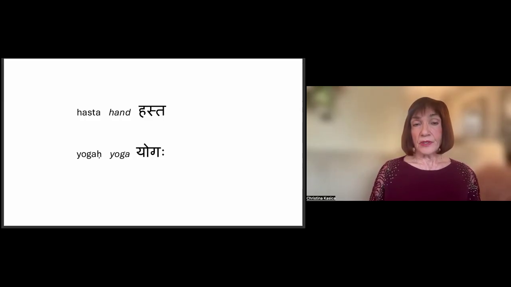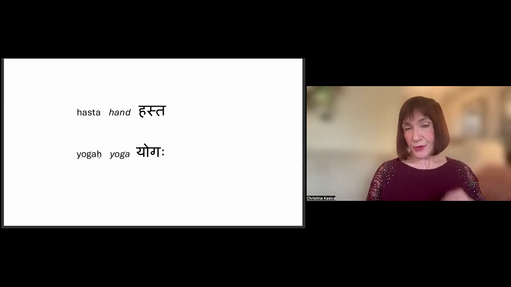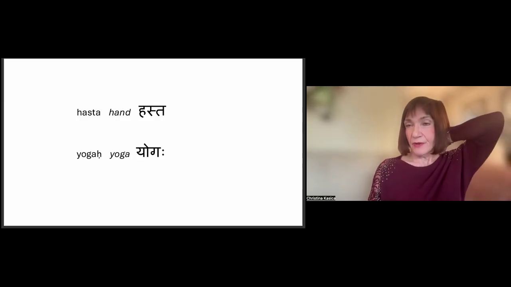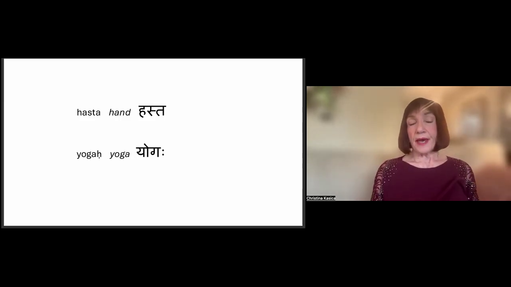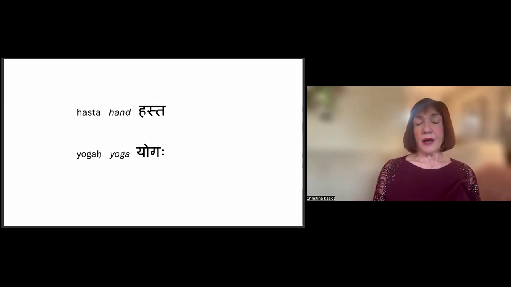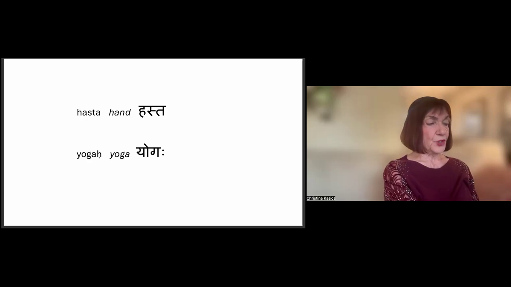How many vowels? Three. Technically 3, because we technically count visarga as a vowel. How many long and how many short vowels? One long, and one short. Yes.